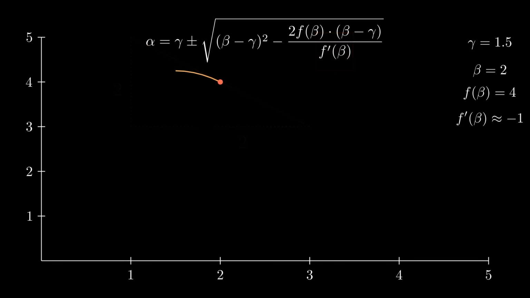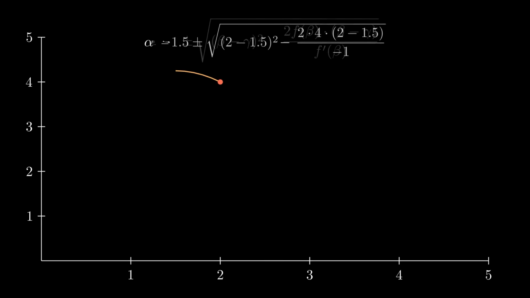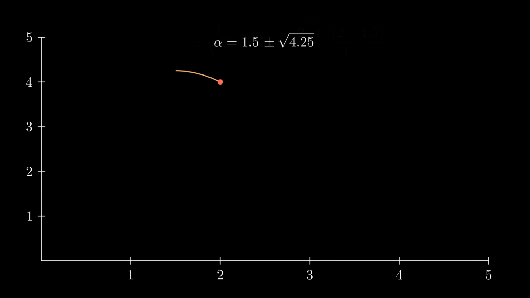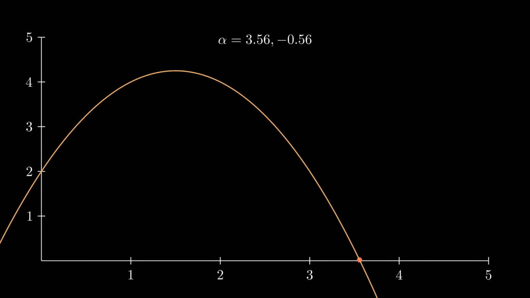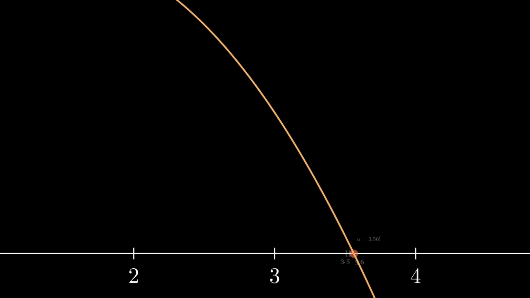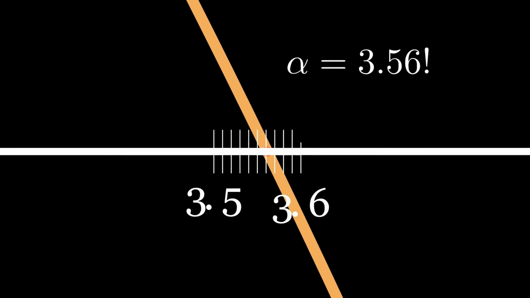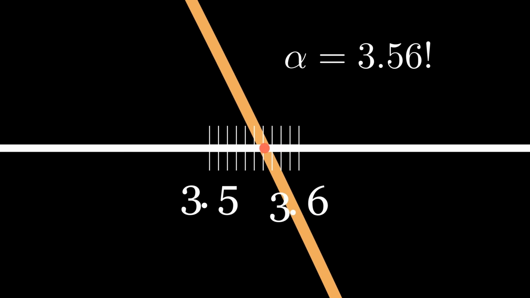Plugging all these into our equation gives this, which simplifies to this, which is numerically equivalent to, at least in one of the values, 3.56. This looks right because it is exactly right.